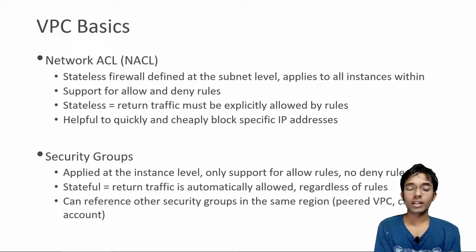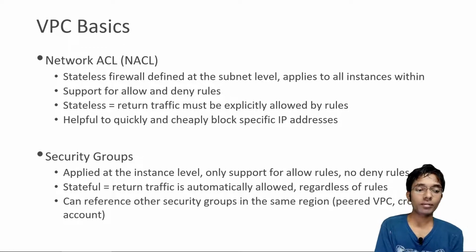Stateless means that any return traffic must be explicitly allowed by the rules. So this is very helpful when you want to quickly and cheaply block a specific IP address. But they are complicated to use because they are stateless, and so you need to have both rules allowing traffic in and allowing traffic out.